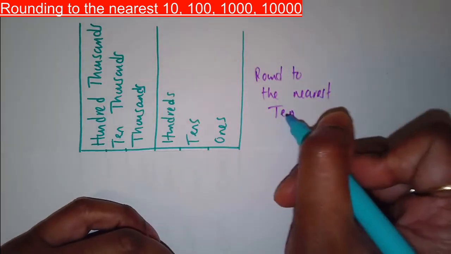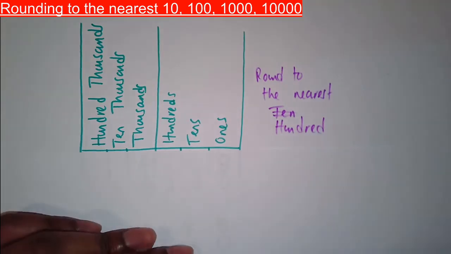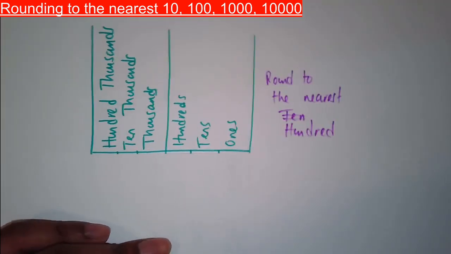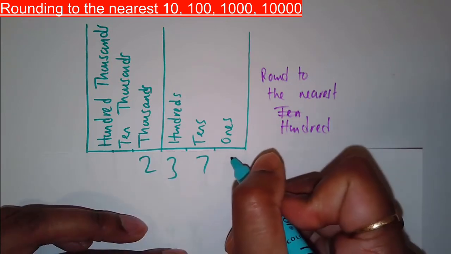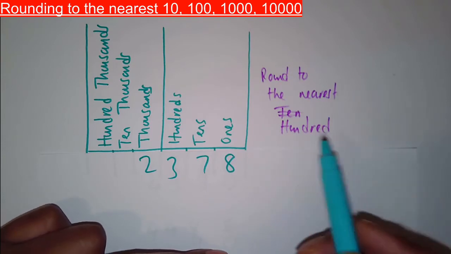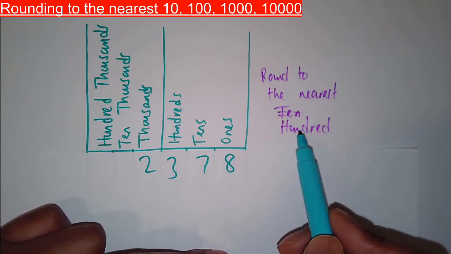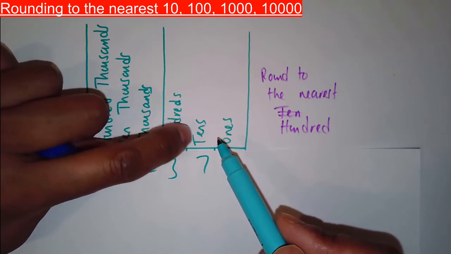Right, this time I want to round to the nearest 100. Let's try a number. Right, we round to the nearest 100 over here. And right next to it we've got the tens.